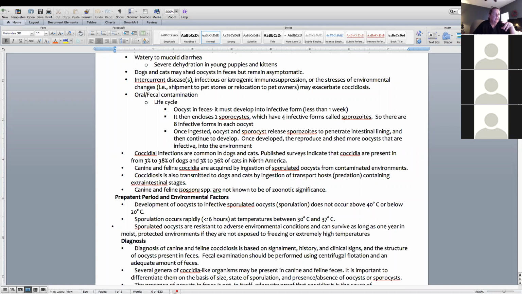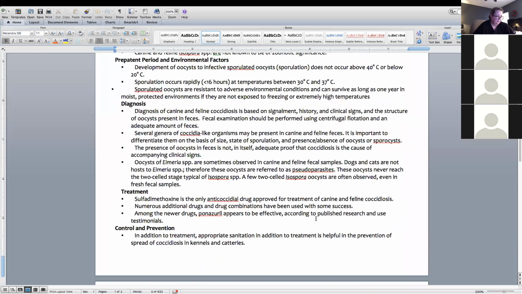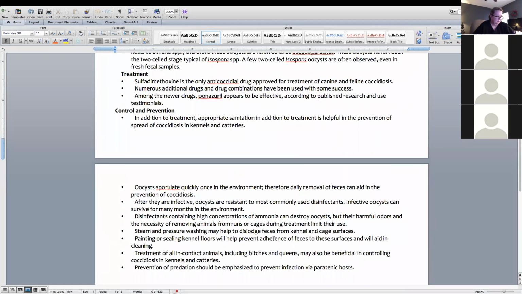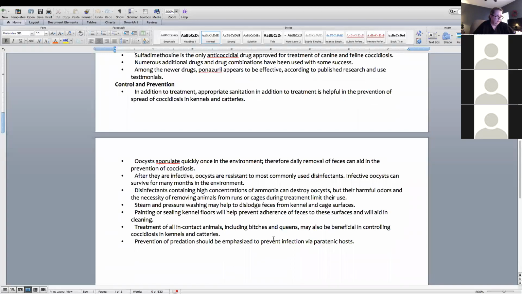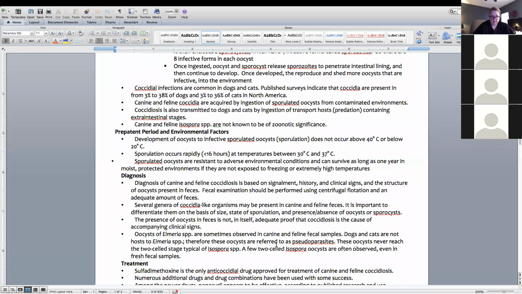If the puppies and kitties are going to get it, it's usually from the environment. So transplacental is not a common form of spreading. So sanitation is the number one, and they're usually going to get it.